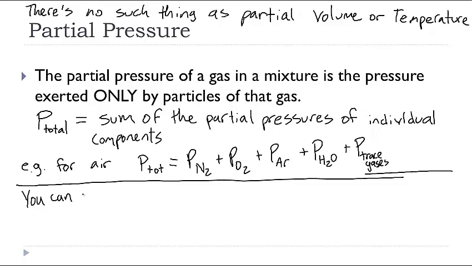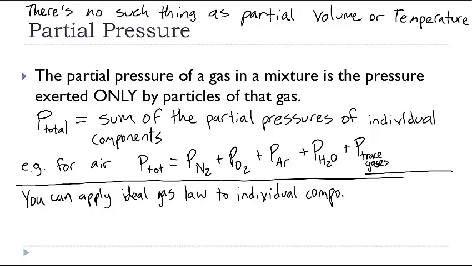So you can apply the ideal gas law to individual components of a mixture. So we could say the partial pressure of any gas in the mixture. So let's say the partial pressure of O2 times the volume will equal the number of moles of O2 times R times the temperature.